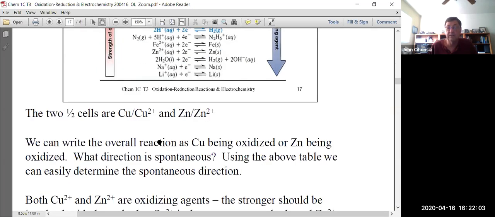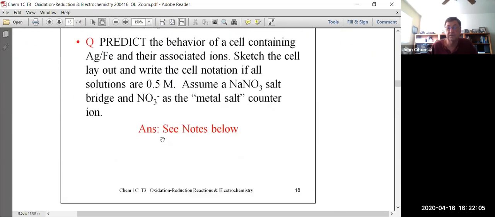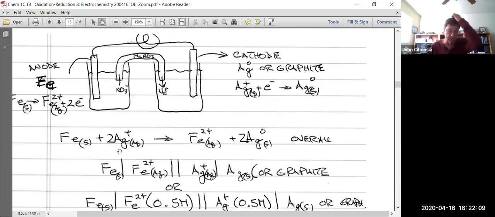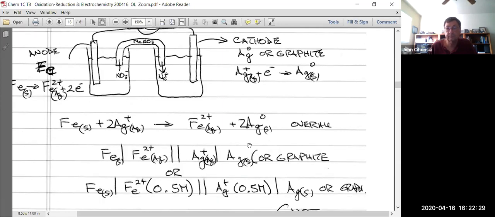Okay, so let's go down here. Let's go back to our other question. And let's look starting here at the equation. So what do we have? In the balanced form, since we're losing 2 electrons from the iron, we need 2 silver plus ions to accept those electrons. So 1 iron, 2 silver, 2 silver.